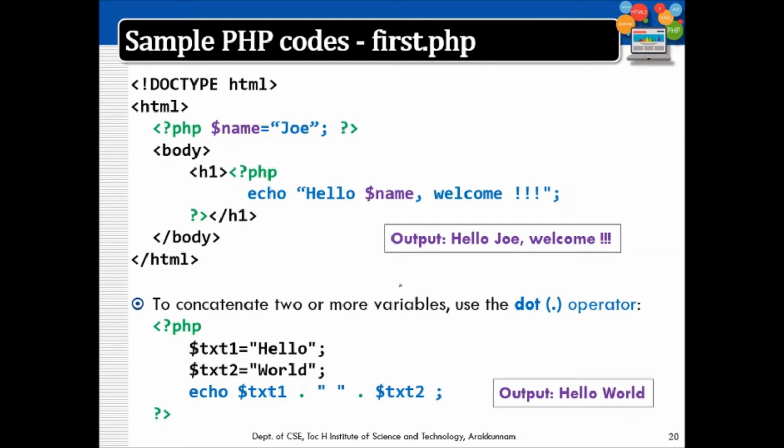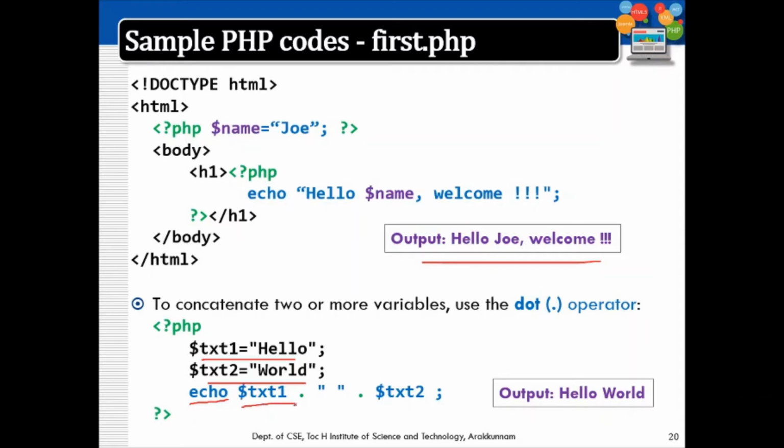First.php, we have already seen, the hello Joe welcome example. Another example is this one. We have the first variable txt1 and the second variable txt2. I'm trying to output these variables. The echo statement is used for giving the output.